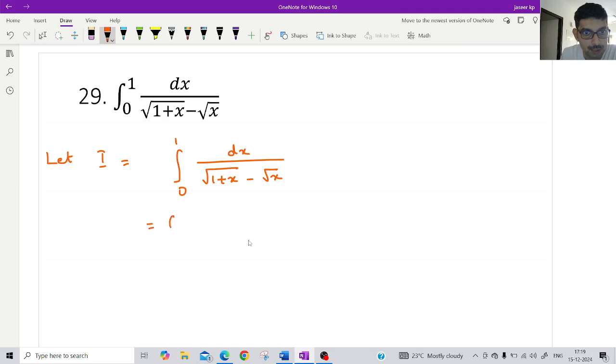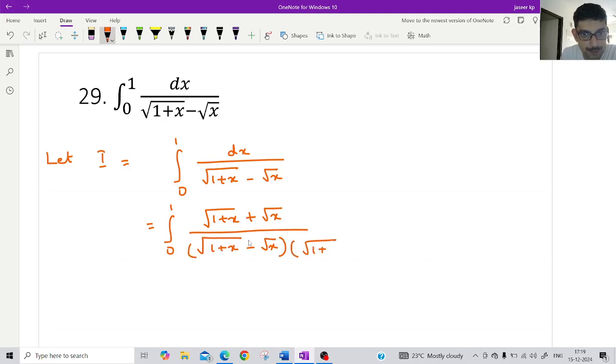So it will become 0 to 1 root of 1 plus x plus root x divided by root of 1 plus x minus root x into root of 1 plus x plus root x.